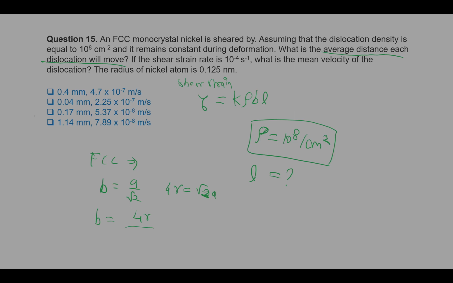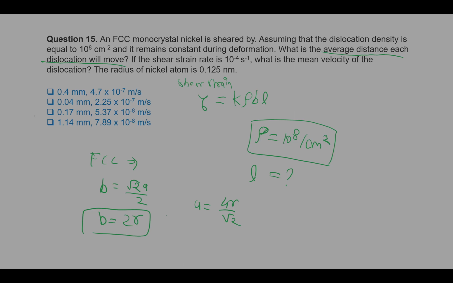So B equals root 2A by 2, and we know A is equal to 4R by root 2, that we have to keep here. So B value will come as 2R.